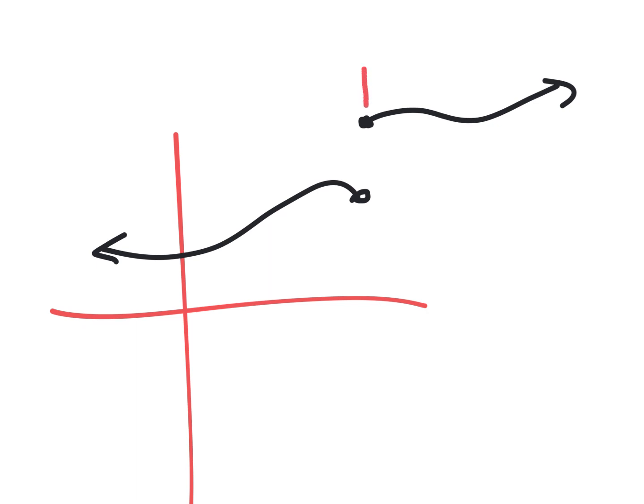So this is passing the vertical line test. It's not defined right there. It is defined right there. Passes the vertical line test. Is it continuous? No, not continuous. Because a way to think of continuous is, if you were drawing it with a pencil, would you have to lift up the pencil? Yeah, you would. So then it's not continuous.